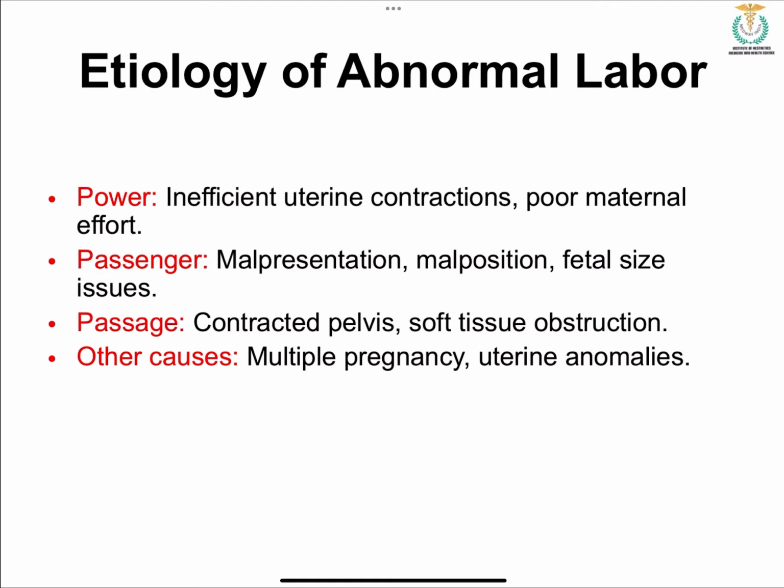In these cases you need a combined plan. So it is very important to know the etiology of abnormal labor, what causes it, and how you can correct it. If you know these four, power, passenger, passage, and psych, then it is very easy for you to decide the next procedures. That is the etiology of abnormal labor.